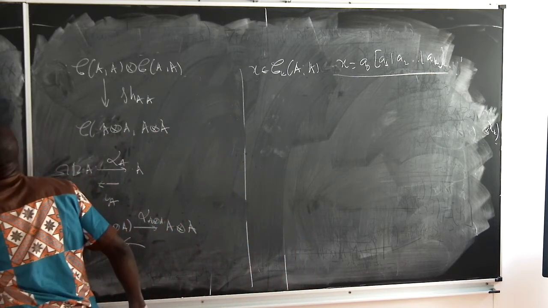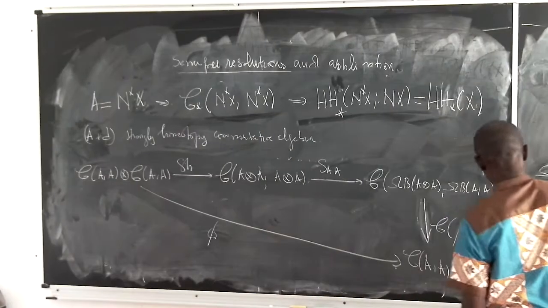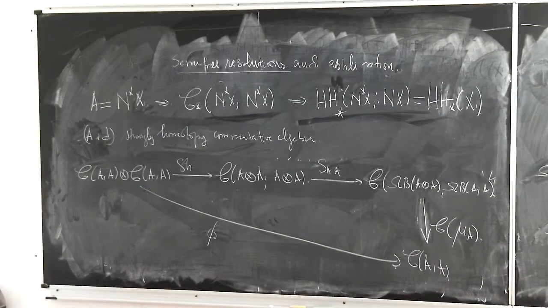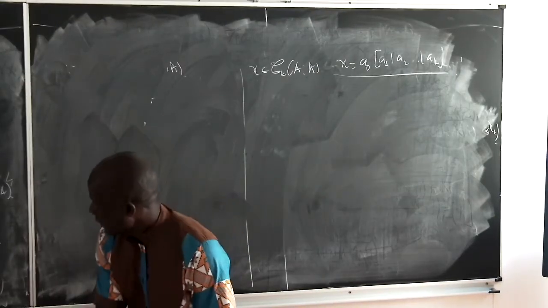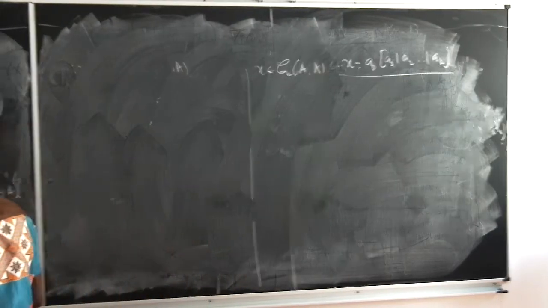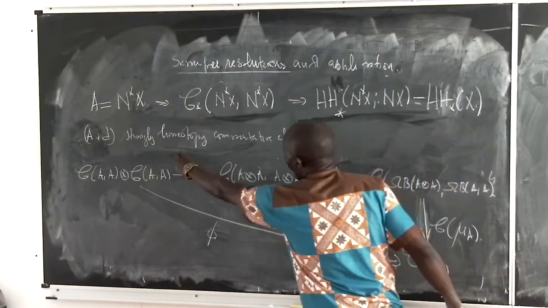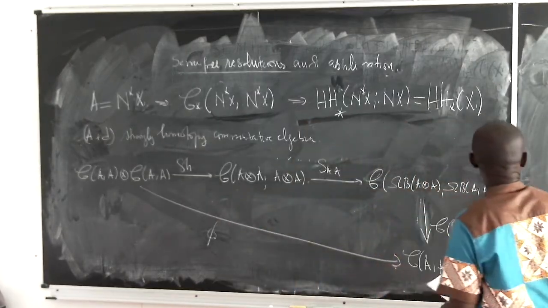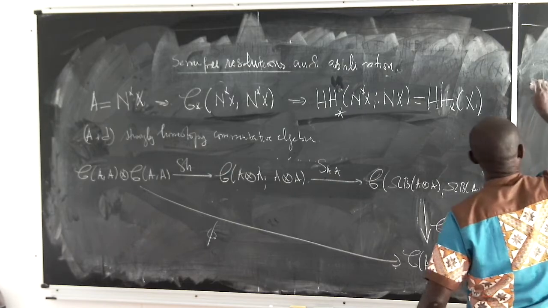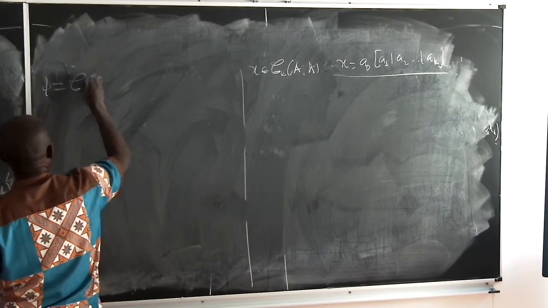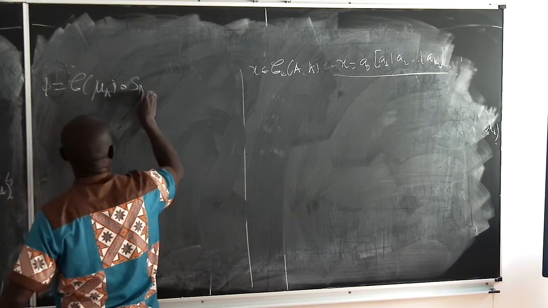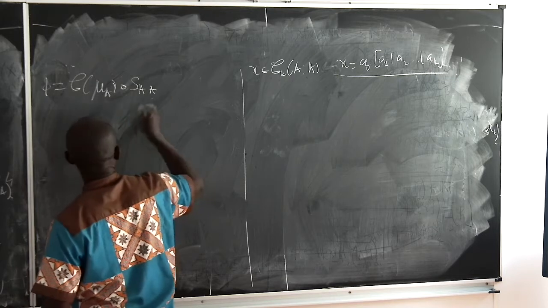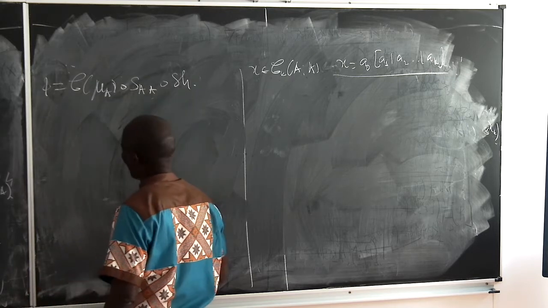So this is also a quasi-isomorphism. And then mu here is the map of the strongly homotopy commutative algebra here. So finally, we have phi equal to C mu A composite by S A composite by S H, the shuffle map.